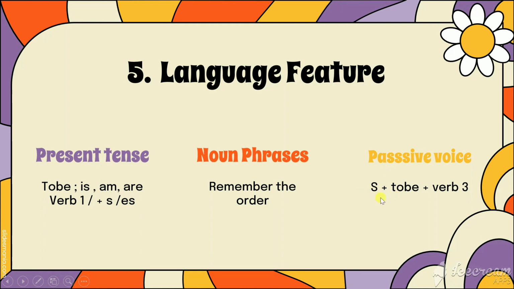Tanjung Puting National Park is located. Subject plus to be: Tanjung Puting National Park as subject, the to be is is, and then verb 3, located. It is written clearly here that descriptive text uses passive voice.